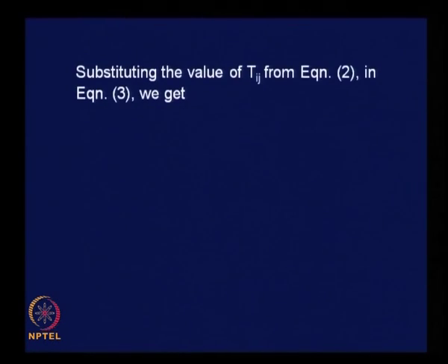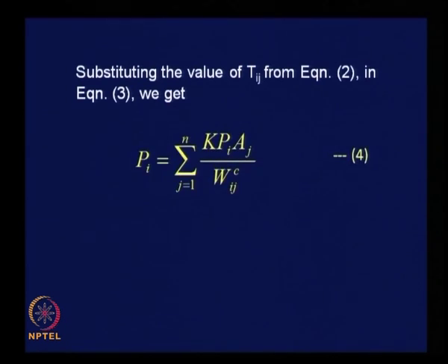Now substitute the value of Tij from the previous equation. In equation 3 we get Pi can be written as sigma j equal to 1 to n k times Pi Aj divided by Wij raised to power c.